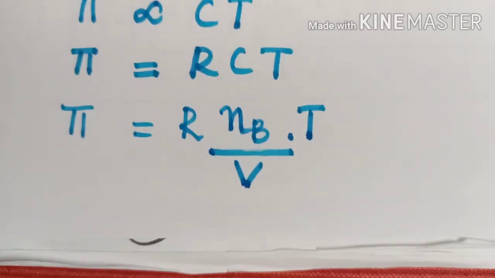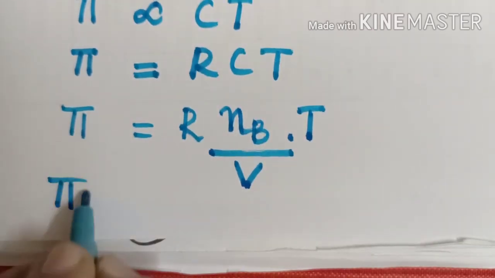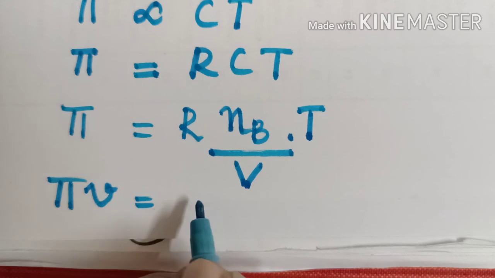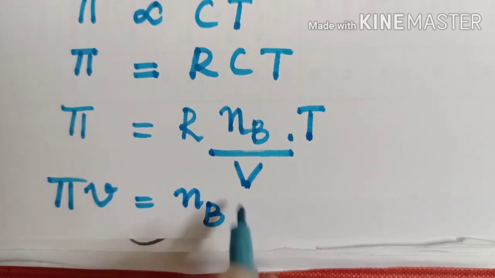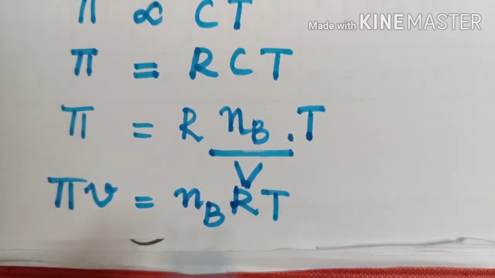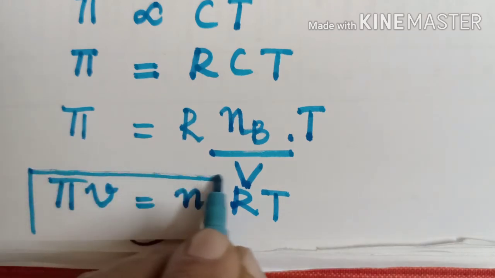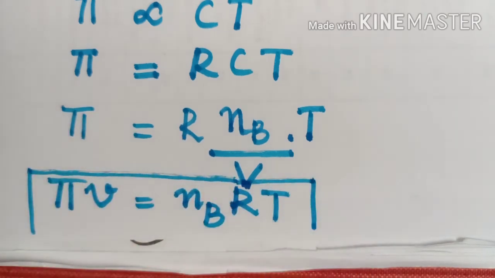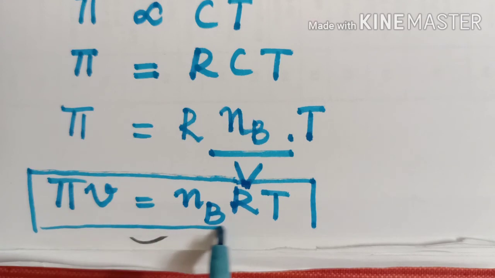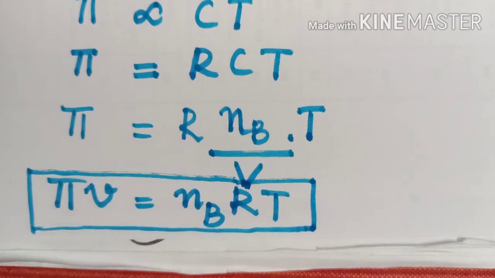Which can be rewritten as pi V is equal to nB RT. This is known as the Van't Hoff equation for osmotic pressure, and this is a peculiar equation which fetched the first Nobel Prize in Chemistry for Van't Hoff.